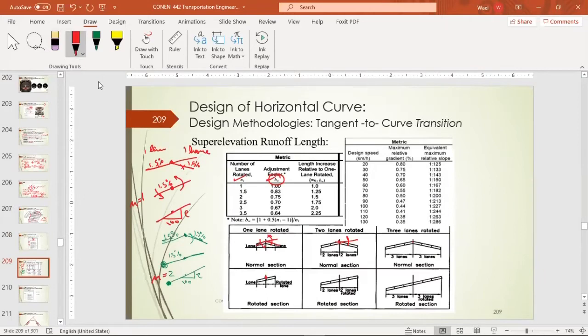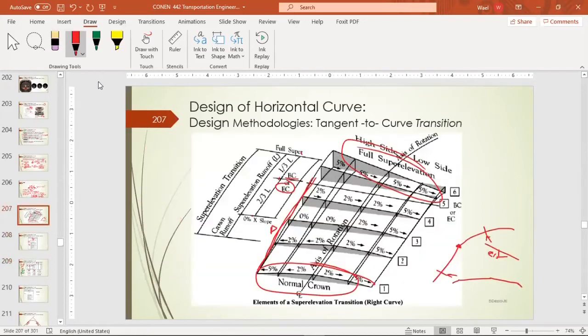The D is for delta, and it depends on the design speed. So the maximum relative gradient is delta here. If we have a design speed of 20 kilometers per hour, we can go to 0.8%.